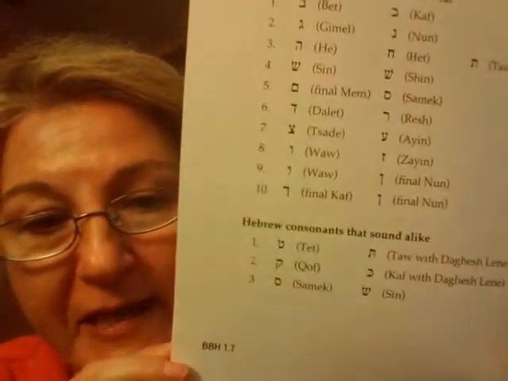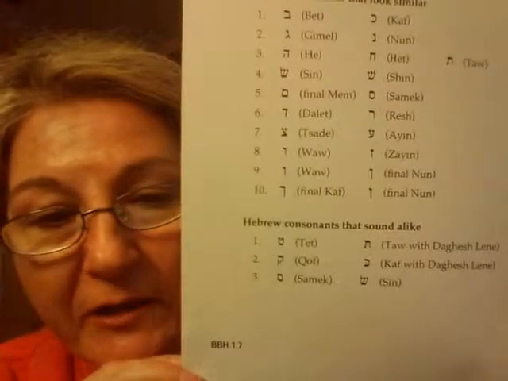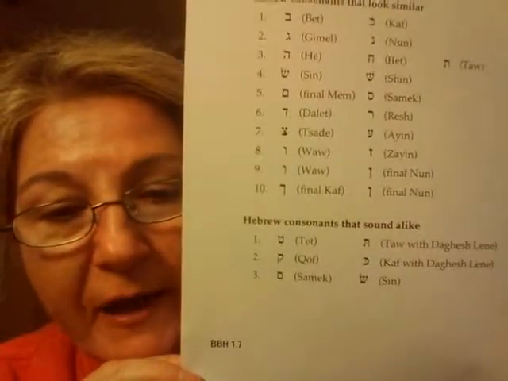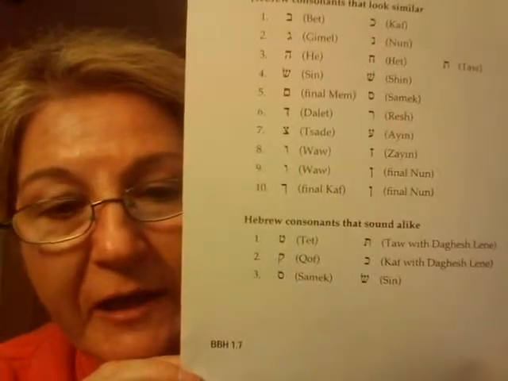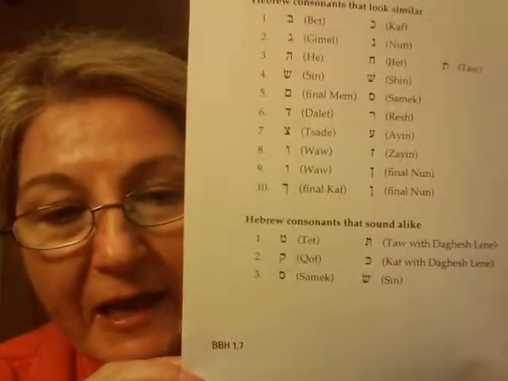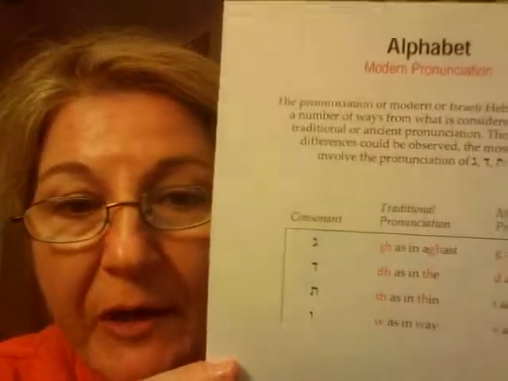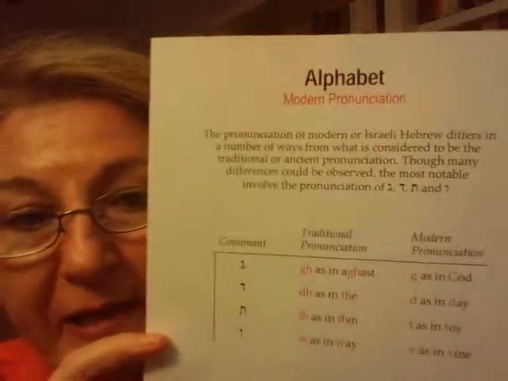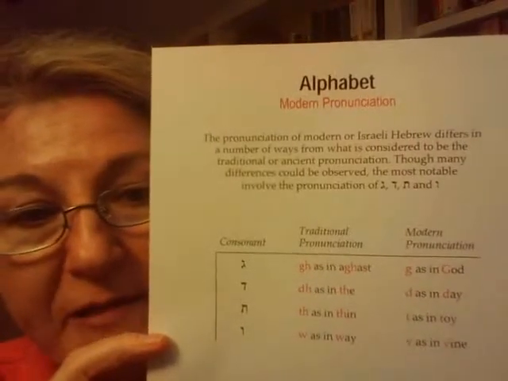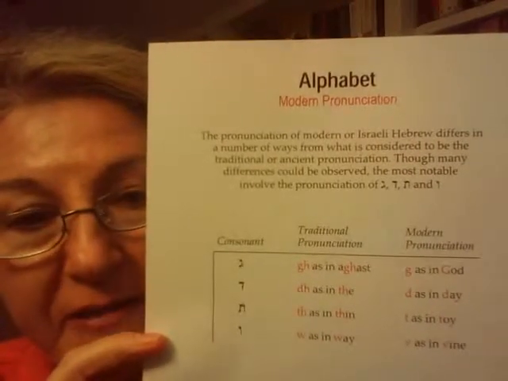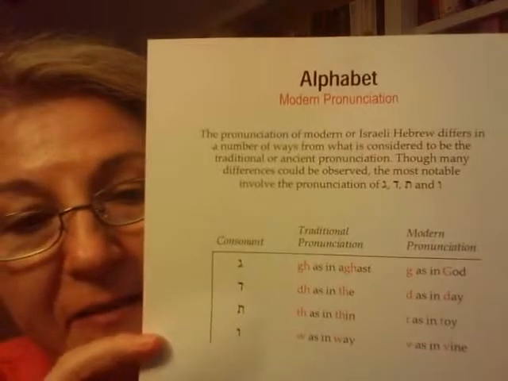And the Hebrew consonants that sound alike: your tet and your tav with the dagesh lene, your qof and your kaf with the dagesh lene, your samekh and your sin. So those are just things that you can be aware of and familiarize yourself with. Now, some modern pronunciations that might help you. The pronunciation of modern Israeli Hebrew differs in a number of ways from what is considered to be the traditional or ancient pronunciation, though many differences could be observed.